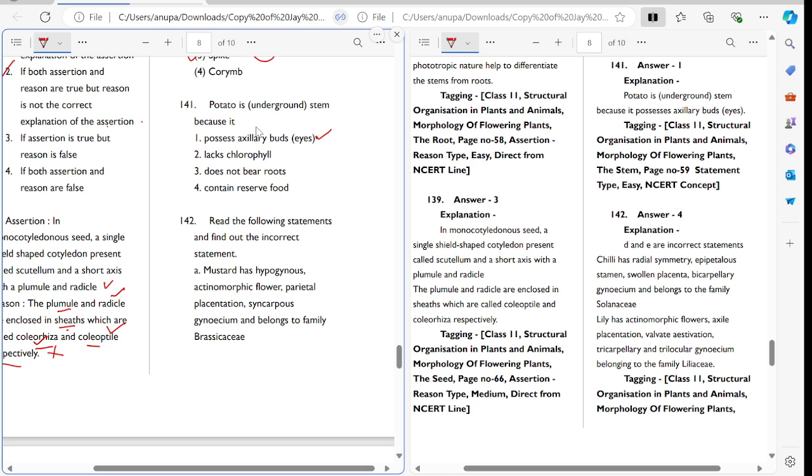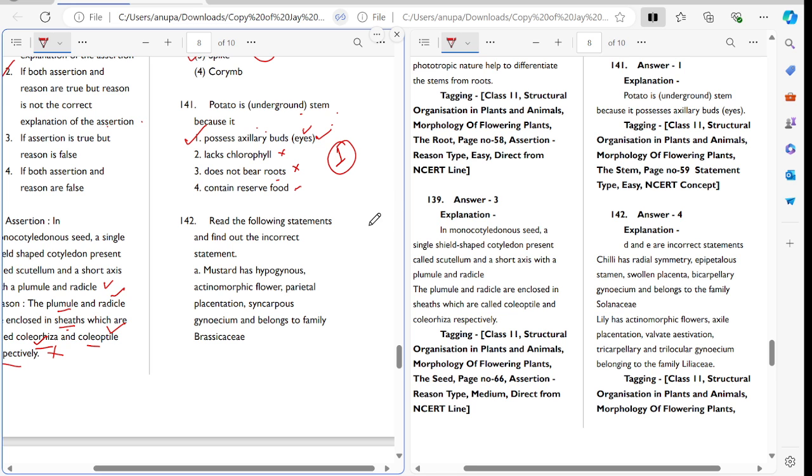Because potato has axillary buds, also known as eyes, they can grow into a new plant, hence it is known as underground stem. Now let's move to the next option. It lacks chlorophyll. No, this is not the reason. Does not bear fruit. This is wrong because potato bears fruit. Fourth is contain reserve food. Yes, it contains reserve food, but it is not the reason it is known as underground stem. So answer for this question will be option number 1.